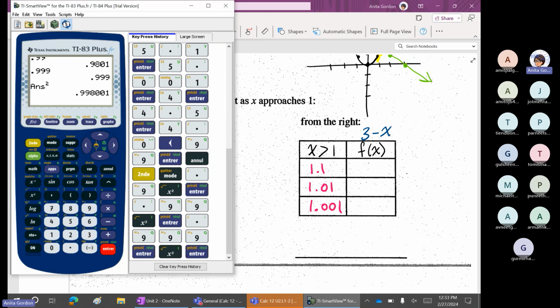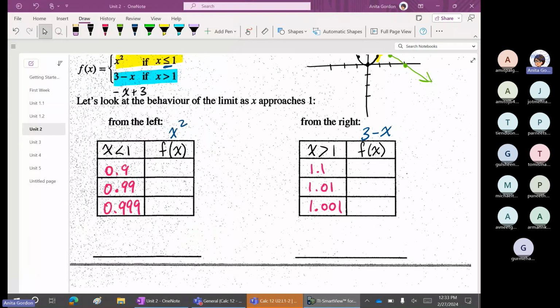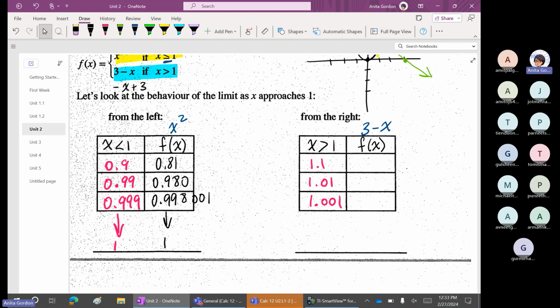Okay, so here is the function that I get. So let's write that down. 0.81, 0.9801, 0.998001. So we say that as x approaches 1 from the left, f of x approaches 1.